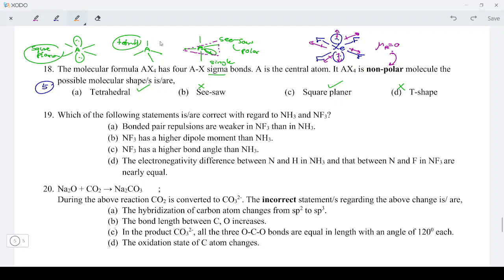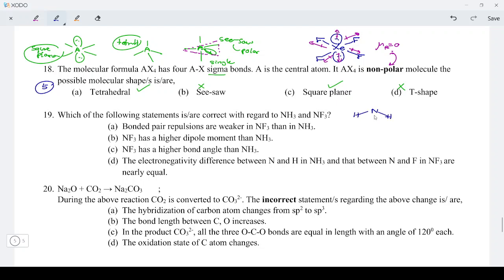Which one of the following statements is correct with regard to NH3 and NF3? So it's a very common thing to ask in papers regarding NH3 and NF3, because people get it wrong all the time. Okay, so let's review this and understand.